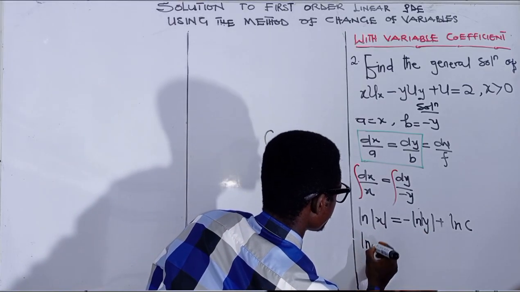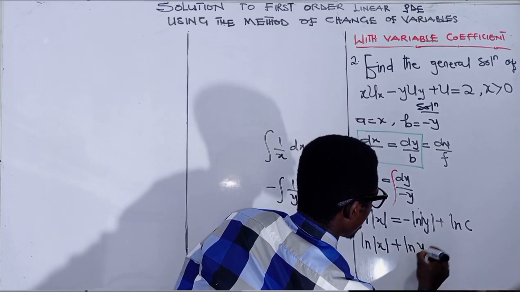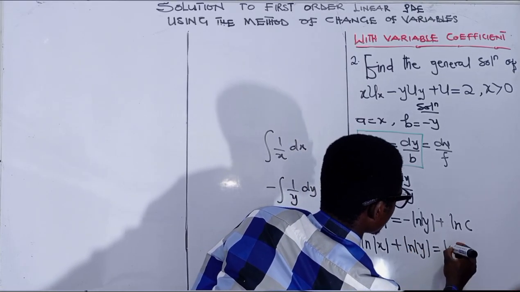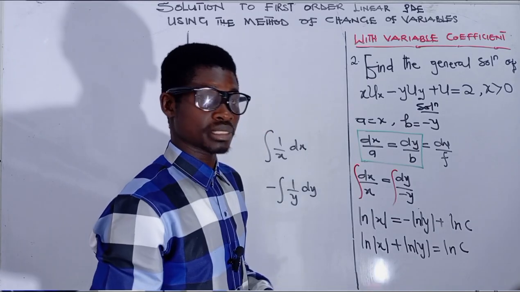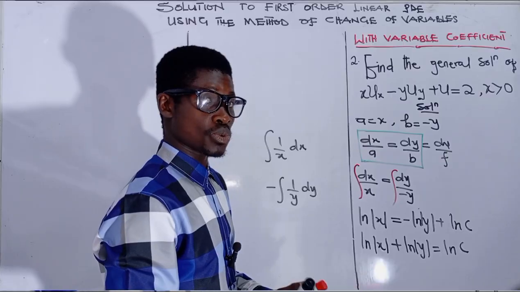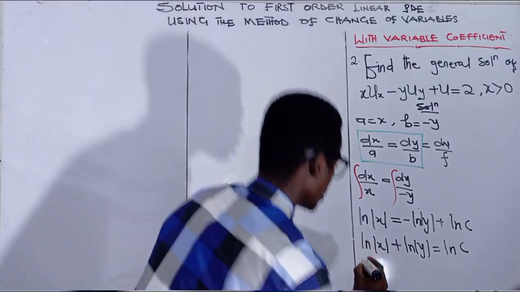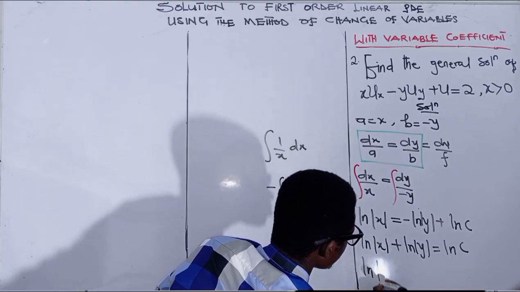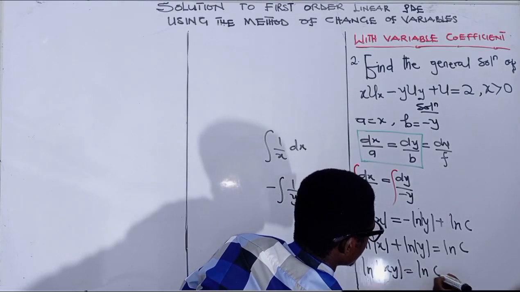We have ln of x, then we have plus ln y is equal to ln c. Applying our basic knowledge in logarithm, since we have ln and they are adding, we can pick one of the ln and multiply their arguments. So we have ln xy is equal to ln c.